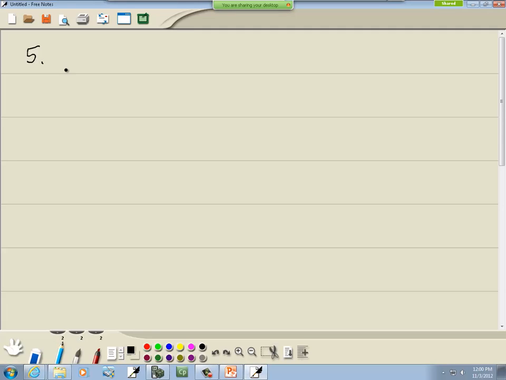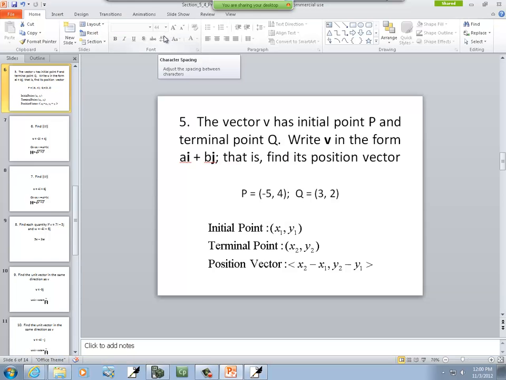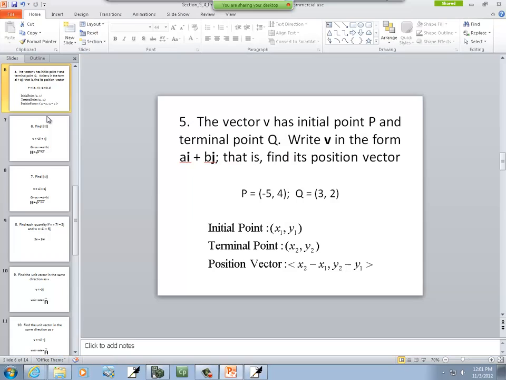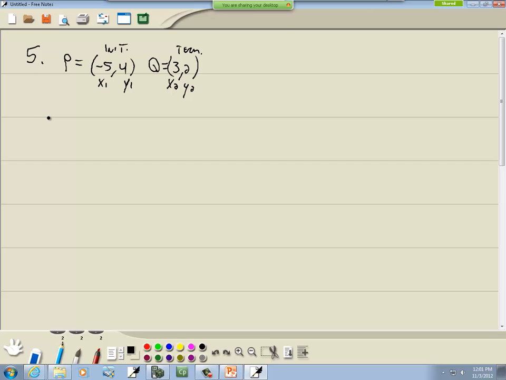Okay. So we got p equal to negative 5, 4. And we got q is equal to 3, 2. And p is our initial, and this one's our terminal. So this would be x1, y1, that's our initial point. And our terminal point is our x2, y2. So our position vector, they do say use v.